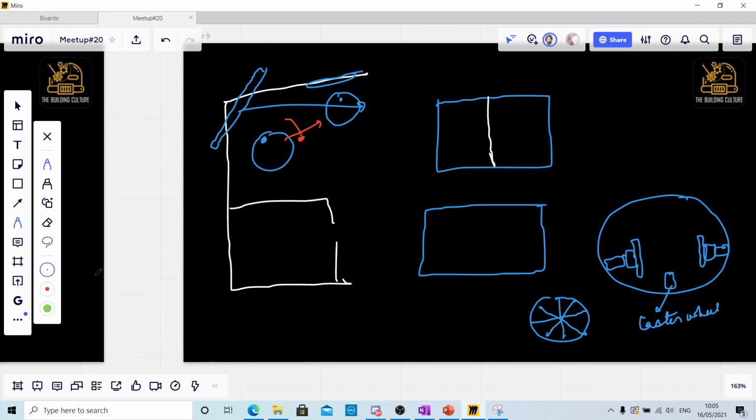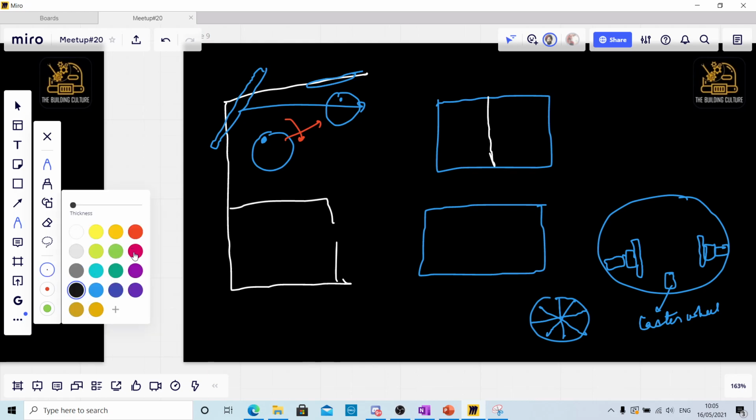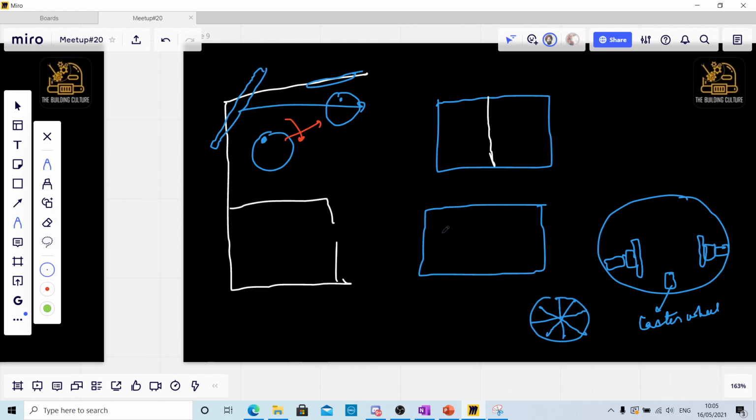So now let's imagine that there are different kinds of textures on the wall. Maybe some portion of it has some texture, and in this particular portion we have this texture.